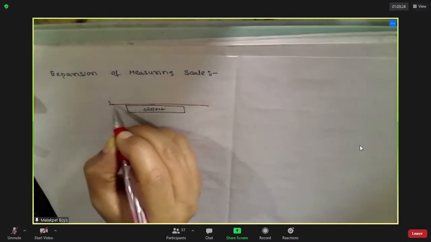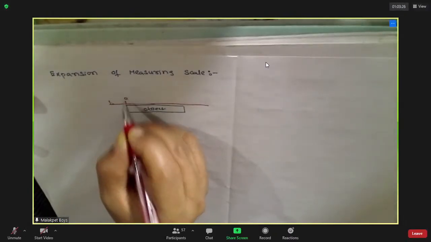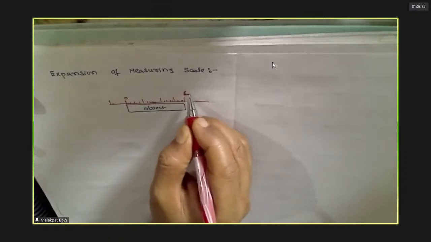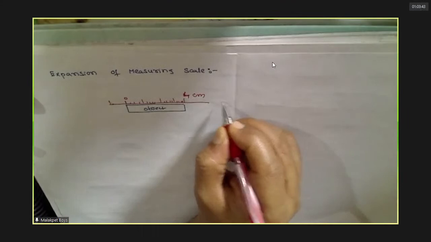Okay, so this is 0 of the scale. So this is 2. 4. And you will say that the object length, you will read 4 centimeter.